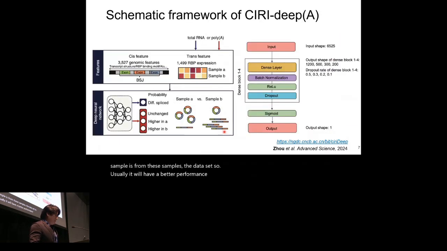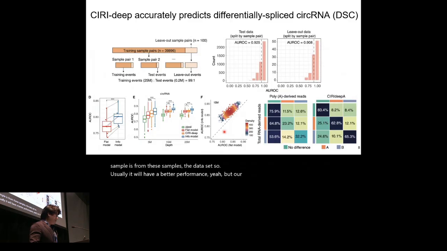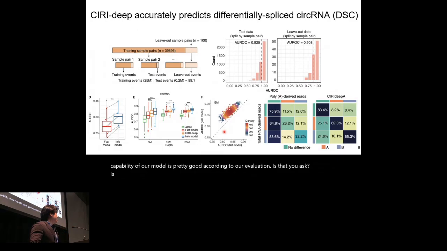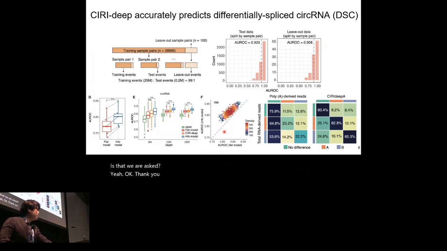But our results show that even for the data that were not used when we trained the model, the generalization capability of our model is pretty good according to our evaluation. Is that what you asked?